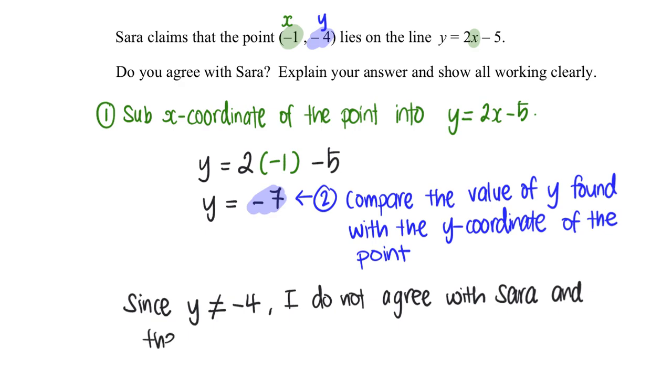And the point is not on the line y equals 2x minus 5.